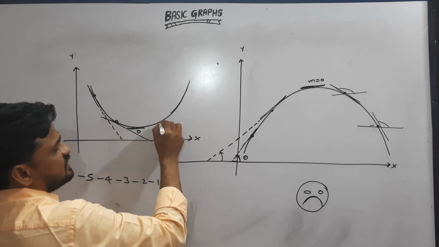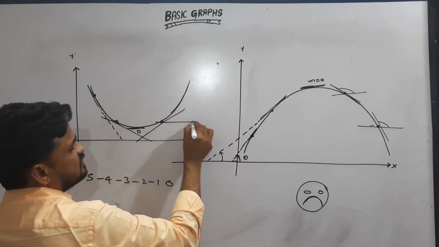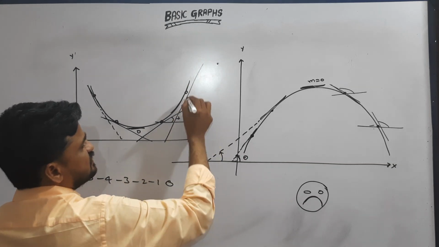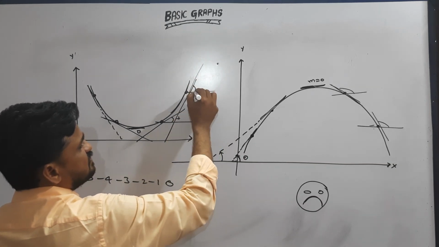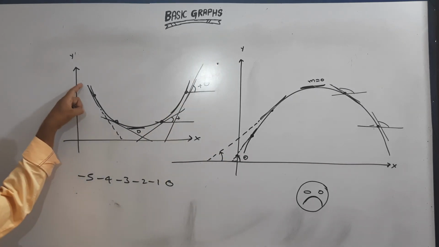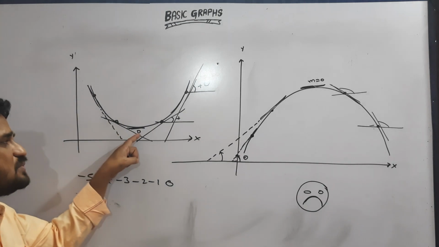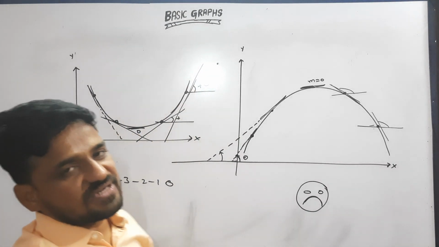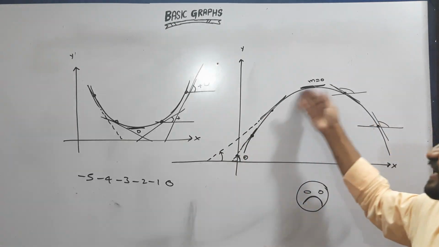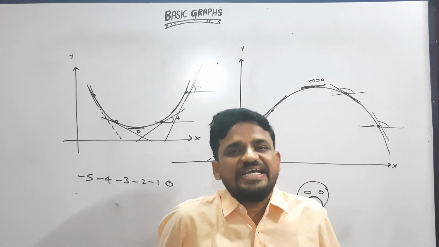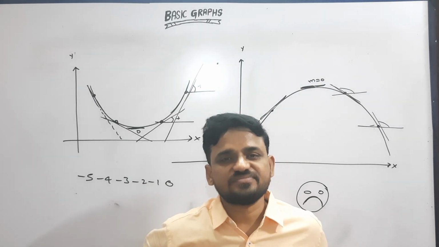Here slope 0, at this point slope positive, at this point slope positive. So here slope increases. Here slope increases from negative to 0. Here slope 0 to increases. Totally this graph represents slope trend decreases. This graph represents slope trend increases.